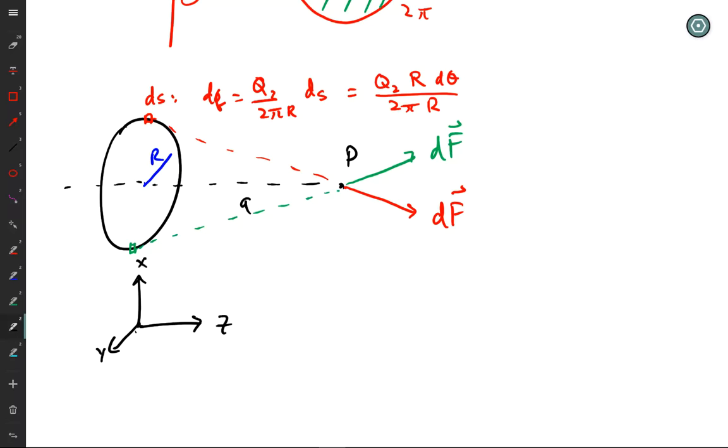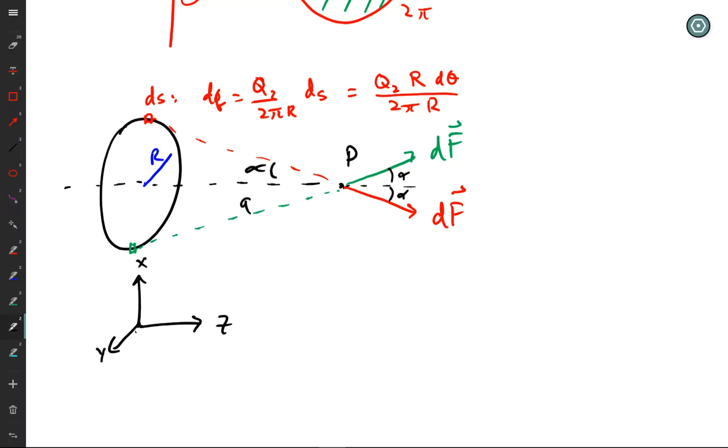Have you heard the term right-hand coordinate system before? Hopefully you have. That's what it means. Okay, so I have a right-hand coordinate system, and so all I have to worry about here is, well, what's this angle? Let's call this angle alpha. Which part of my force is not going to come out to 0?